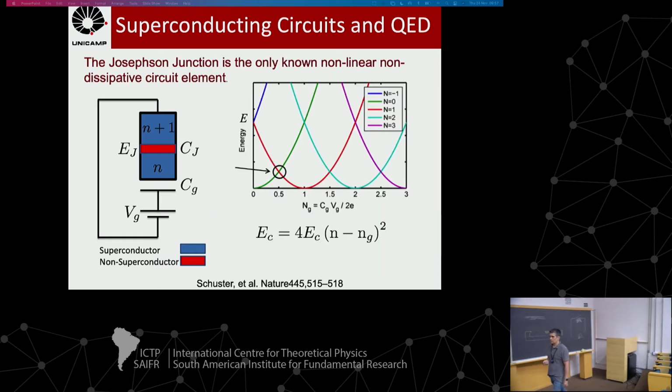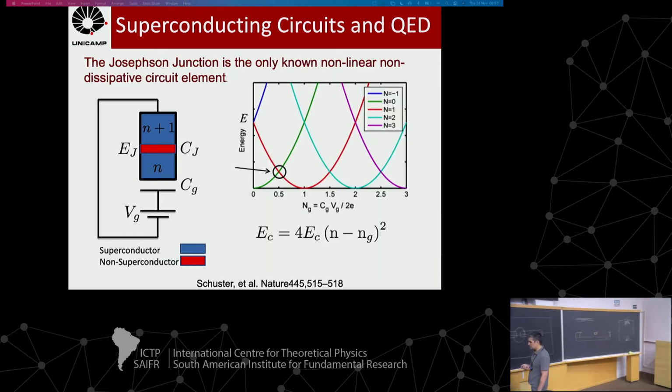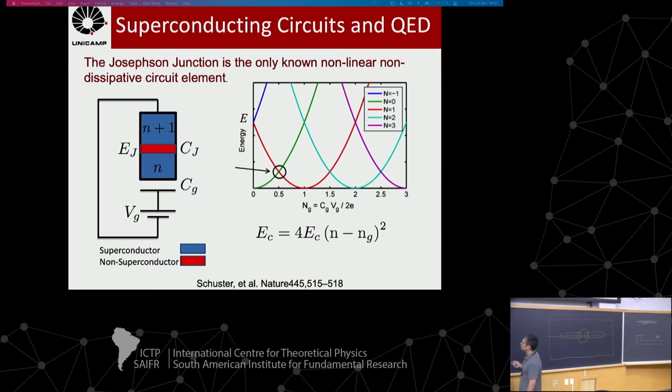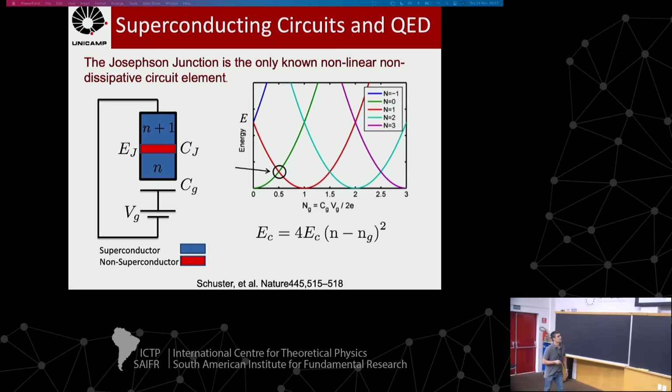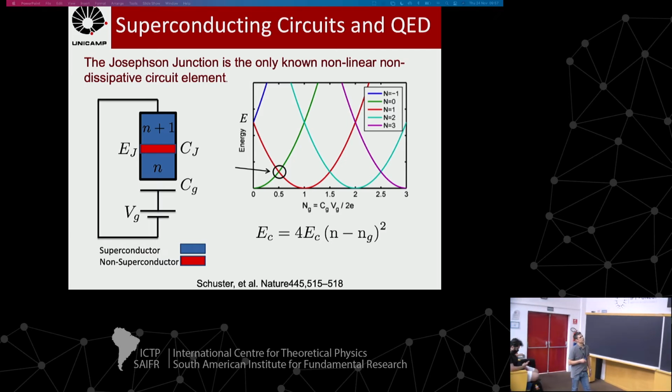So we can now start to think about the meaning of these two terms. This first part here, that goes with 4EC, a constant basically, times (n minus ng) squared.